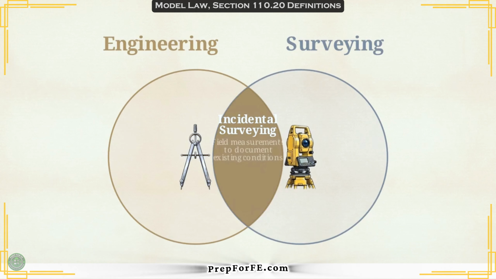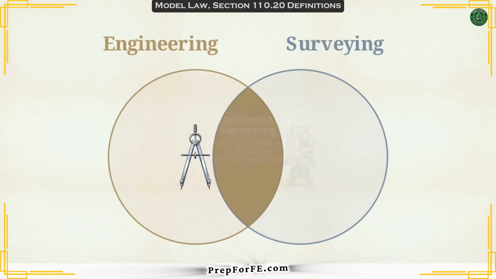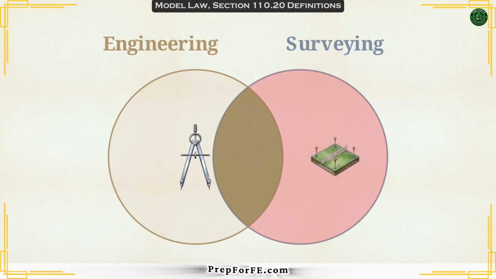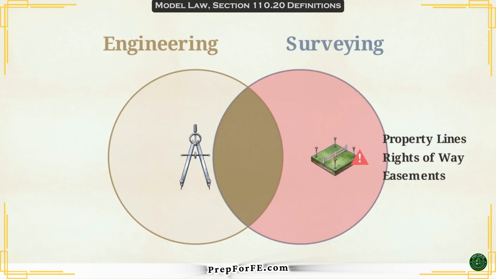Engineers may perform surveying that is incidental to engineering, which the law strictly limits to field measurements to supplement the documentation of existing conditions. The model law sets a hard boundary. Incidental surveying explicitly excludes surveying real property to establish or determine land boundaries, rights-of-way, or easements.